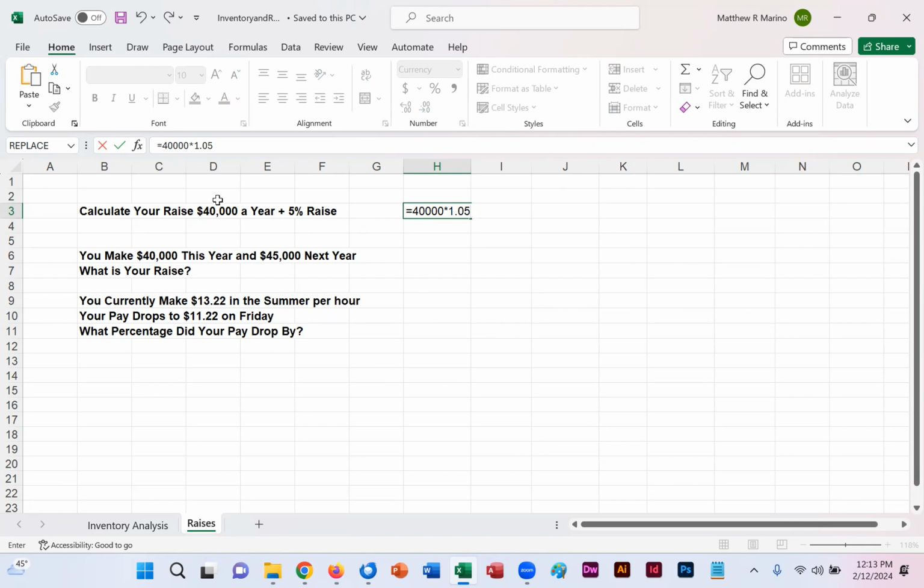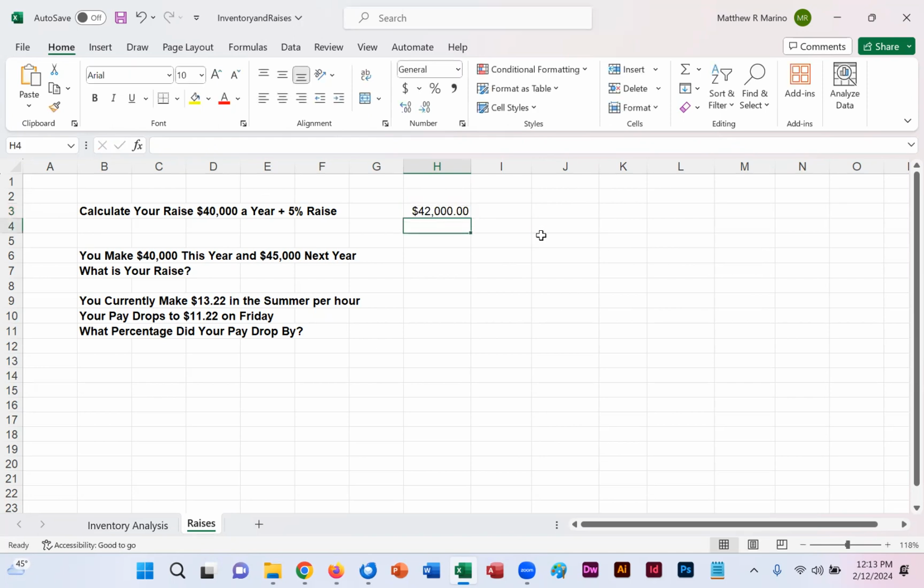The 1 represents our 40,000 that we're already making, and the 0.05 represents that added 5% raise. So it's 40,000 times 1.05. And then when we hit enter, we should end up with 42,000. So that's fairly simple.